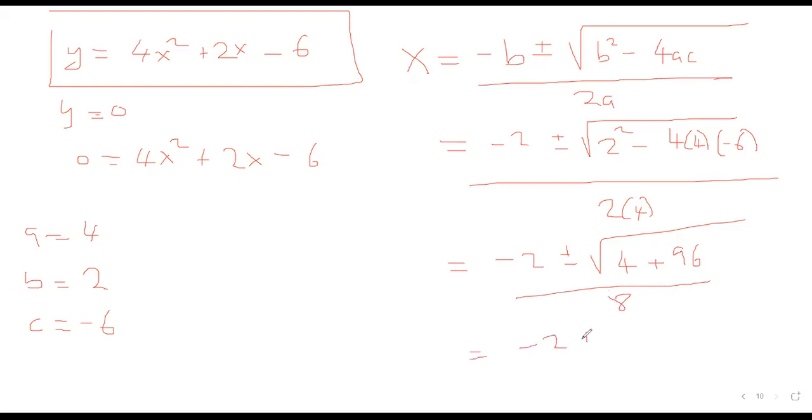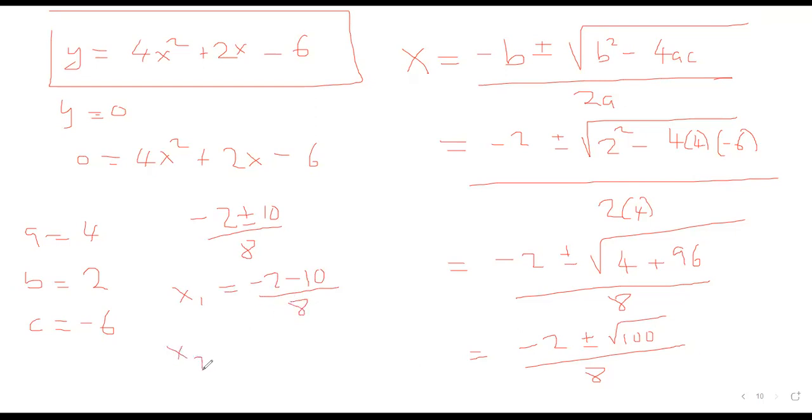So what do we have there? So we have the square root of 100 is what? 10. So x1, we start with the subtraction. Minus 2 minus 10 over 8.